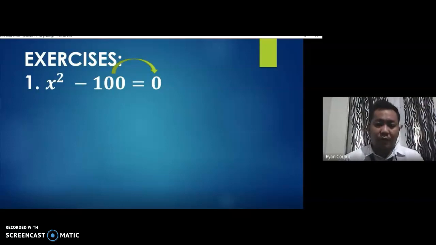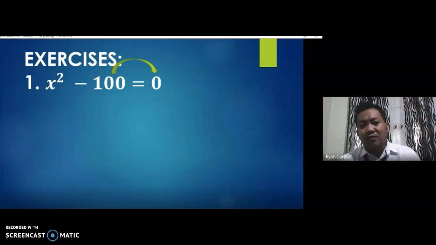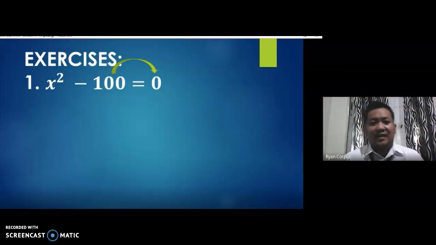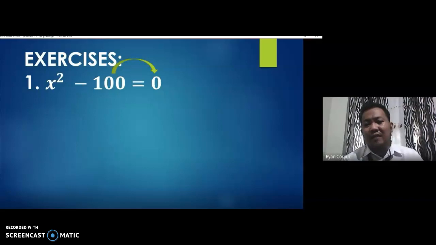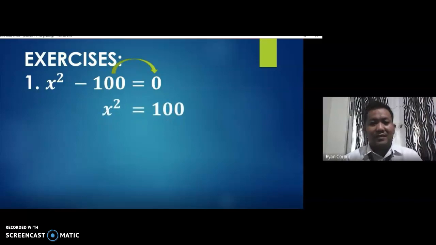Since it jumped the equal sign, the negative 100 will change its sign. So from negative 100, when you move it to the right side, that will become positive 100. So it will become x squared is equal to 100.